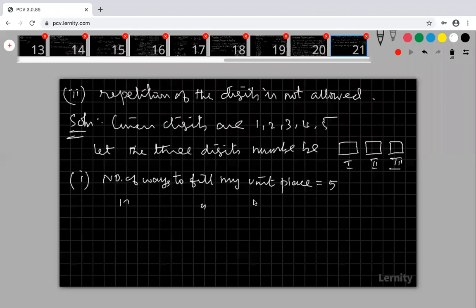Number of ways to fill my tens place, that is also 5. I can use 1, 2, 3, 4, 5, totally 5 ways. Here also 5 ways. Right. How can I fill my hundreds place?